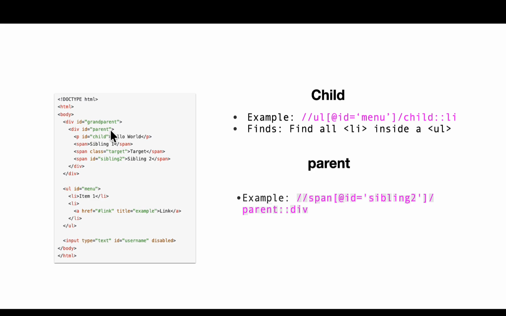So this XPath will select this div ID equal to parent. For p, this div is the parent, for the span this div is the parent, for the second span, third span, this div is the parent, and above it is the grandparent. It will select only parents, because we are using the parent keyword here, parent colon colon div. So this finds the parent of the span.